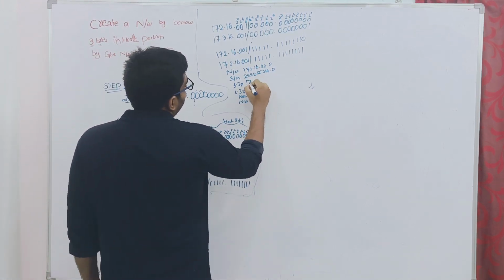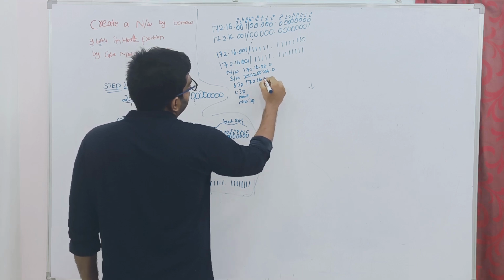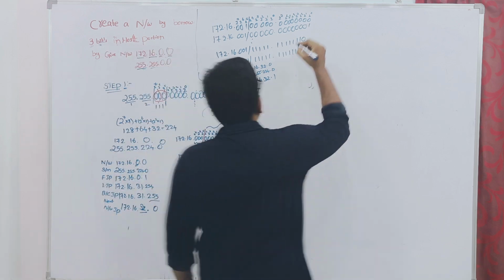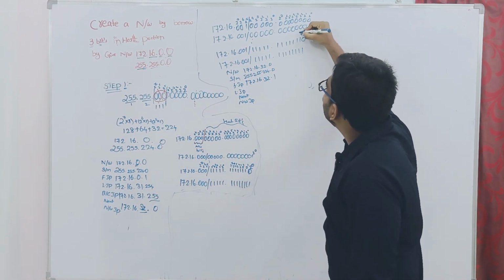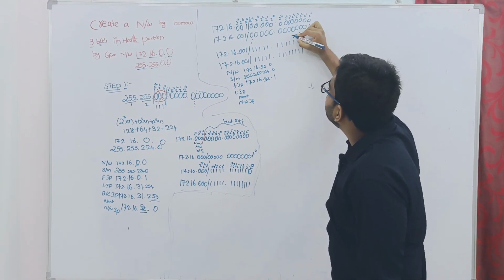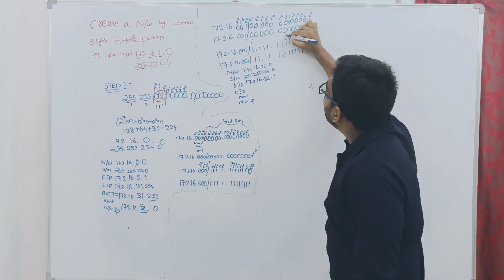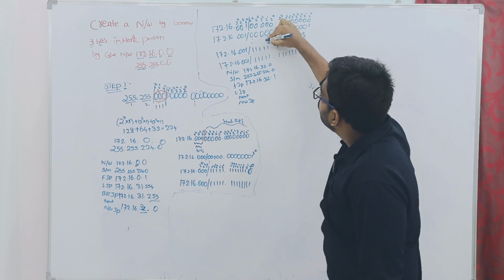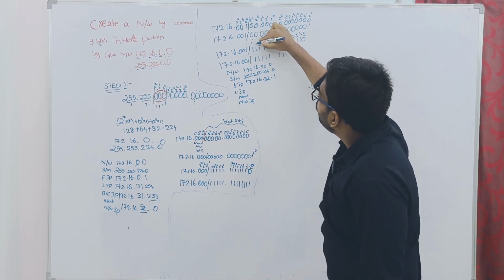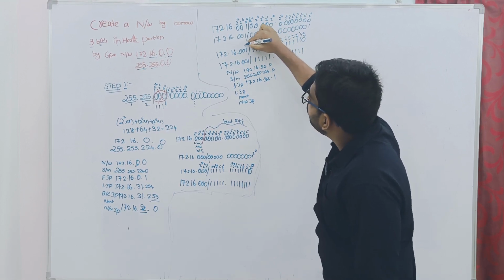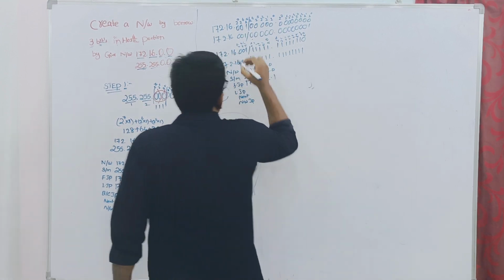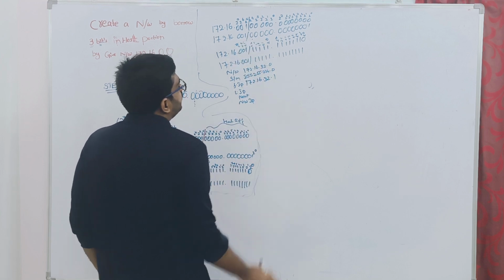What is the first IP? 172.16.32.1 is the first IP. What is the last IP? You just go and multiply with 2 power 0, 2 power 1, 2 power 2, 2 power 3, 2 power 4, 2 power 5, 2 power 6, 2 power 7, and again the same, up to 2 power 7.